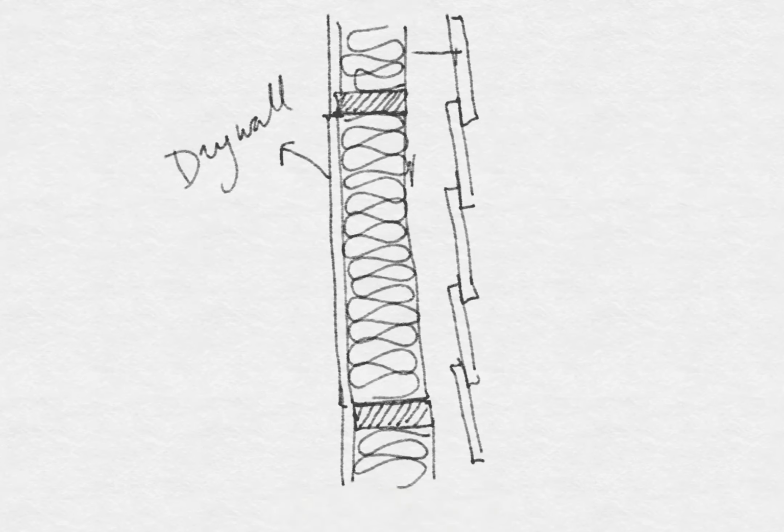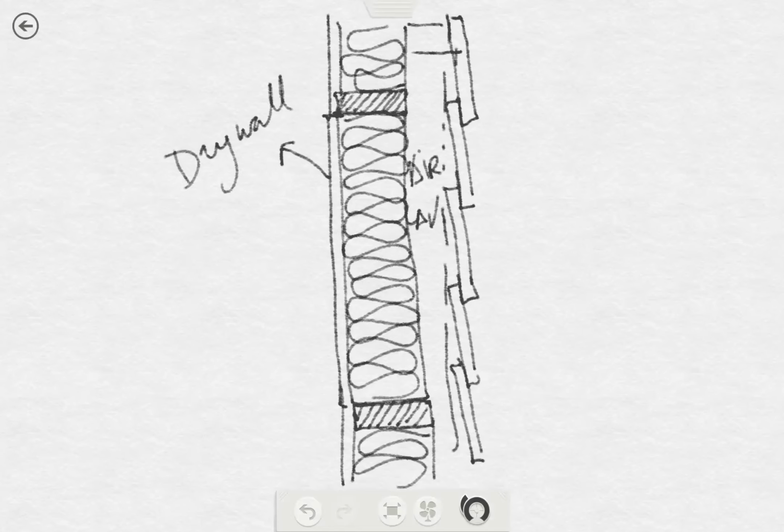Okay, so this can be an air cavity. And this siding will be connected to something that is here. So there will be another vertical rafter, and then we can nail this siding to that rafter. But that will be an air cavity.